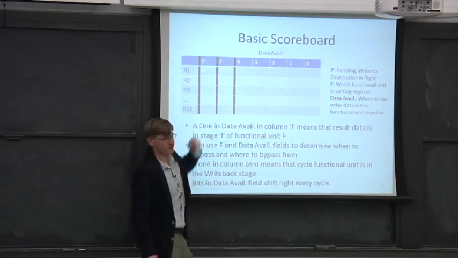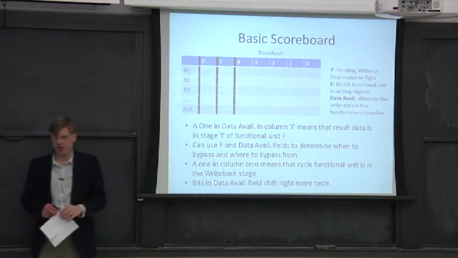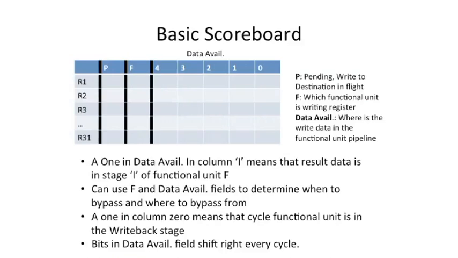So P: we have one bit in here which says if there's a write pending to that register. F, or functional unit, keeps track of which of the 3 functional units we should be going to pick off the value from. This is important when we go to do the bypass calculation.